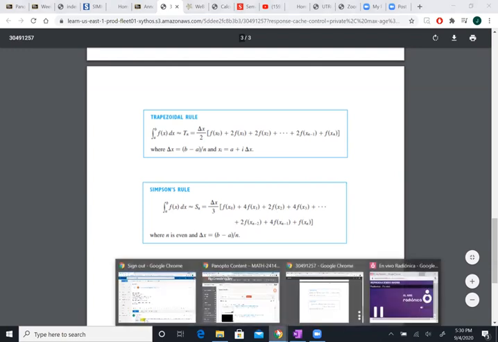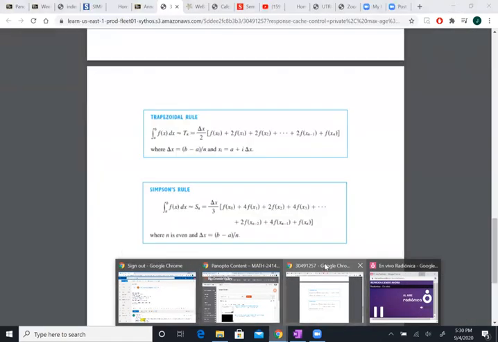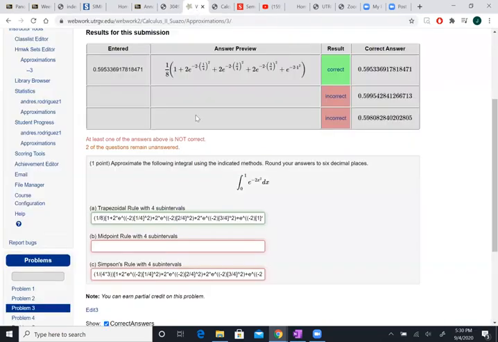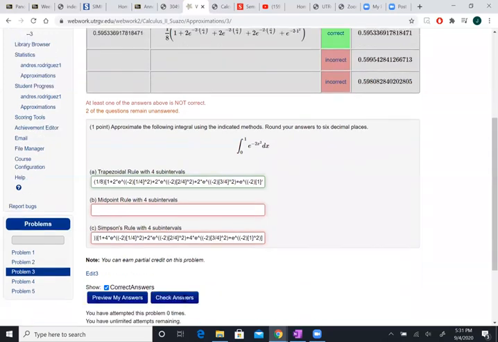So that's how you do it. And then you go 4, 2, then this one is 4, and then you're done.